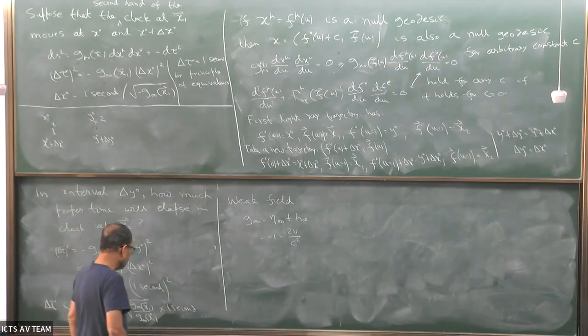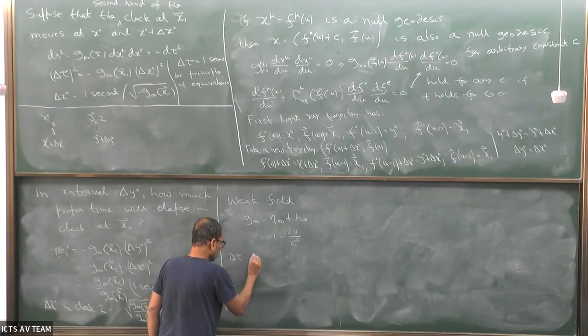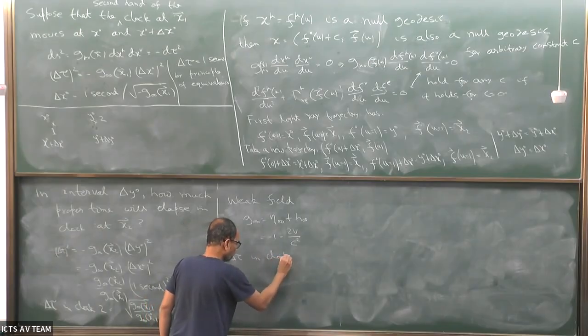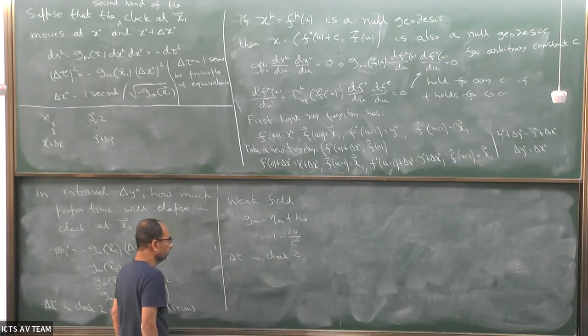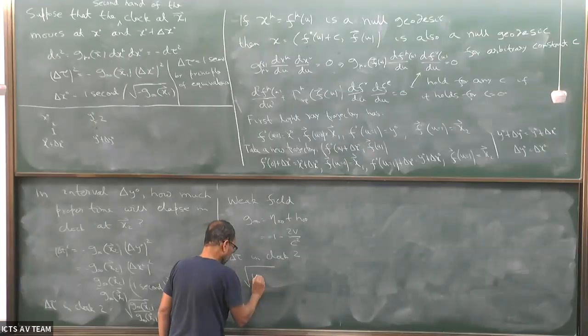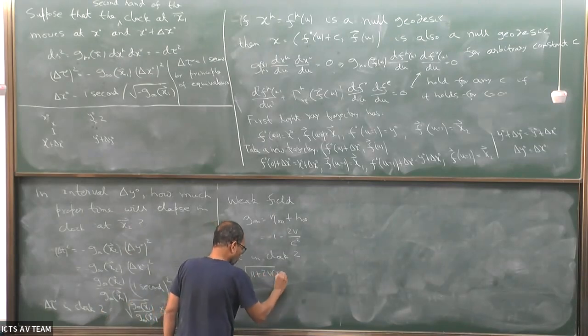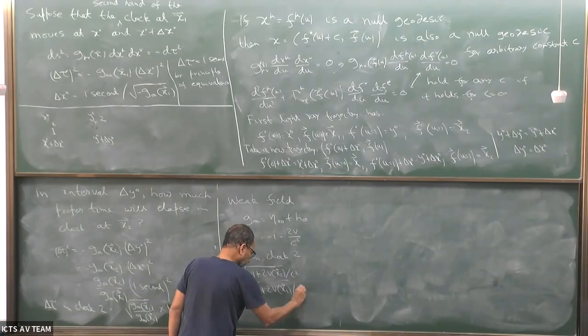So you will get delta tau in clock 2 is the square root of 1 plus 2V of x2 by c square divided by 1 plus 2V of x1 by c square.